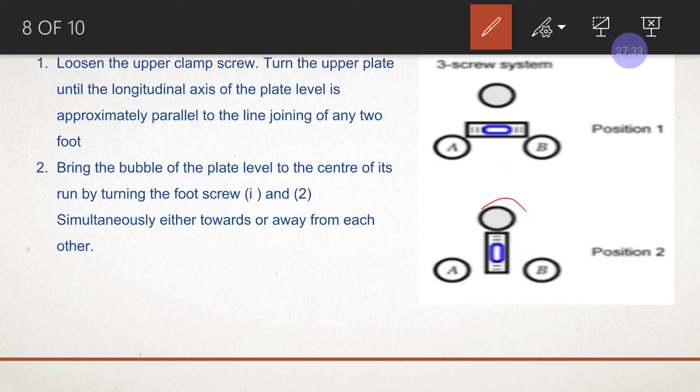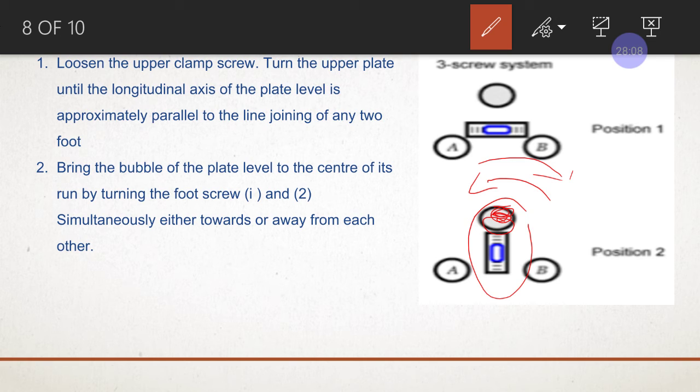In this case also the same thing. This screw is to be used for clockwise or anti-clockwise turning till your bubble comes to the center of the tube, right? Once you're done with this procedure, just try to turn the telescope or the theodolite and check whether the bubble comes to the center or not by changing its position.